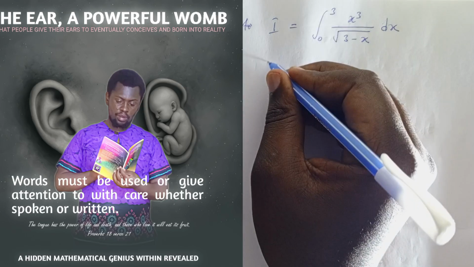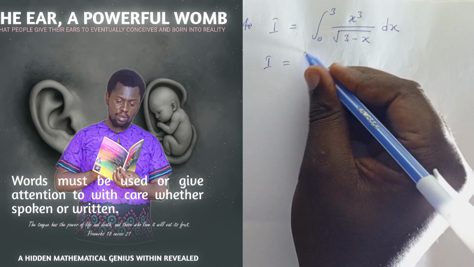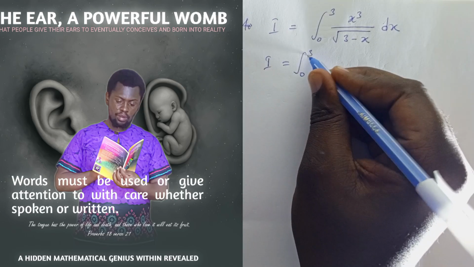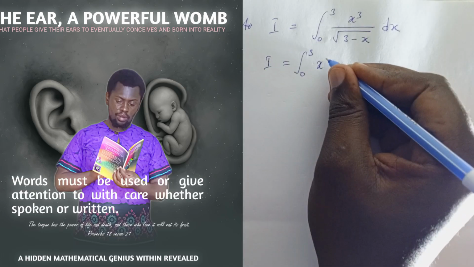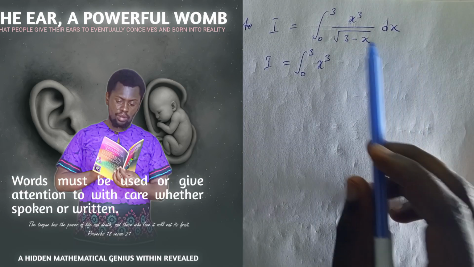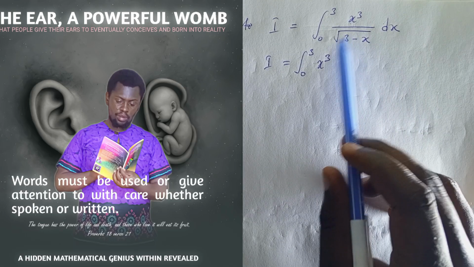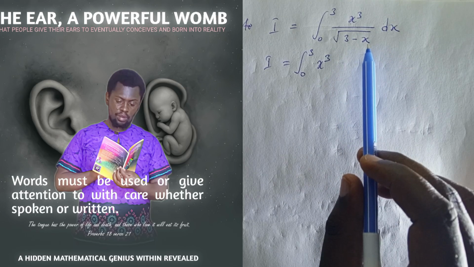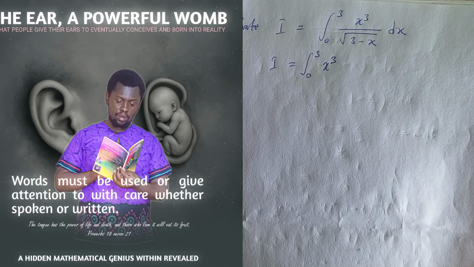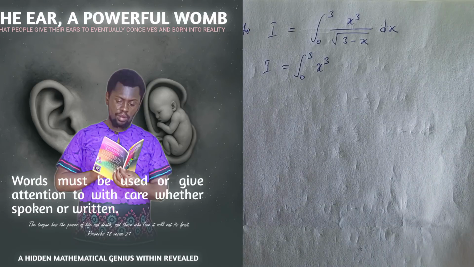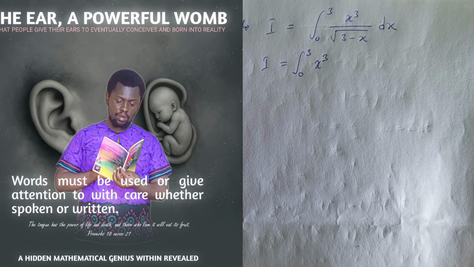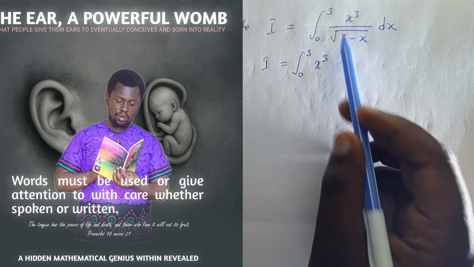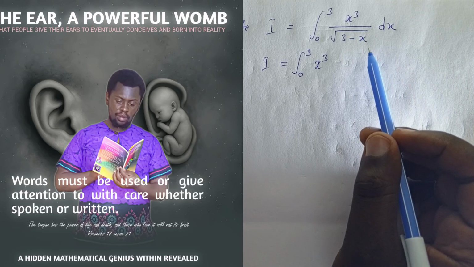So I is equal to the integral from 0 to 3 of x to the power 3 over the square root of 3 minus x. We should make it a numerator, not a denominator. So to make this a numerator, the sign of the power will change.